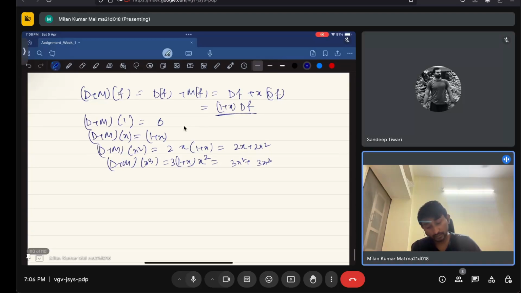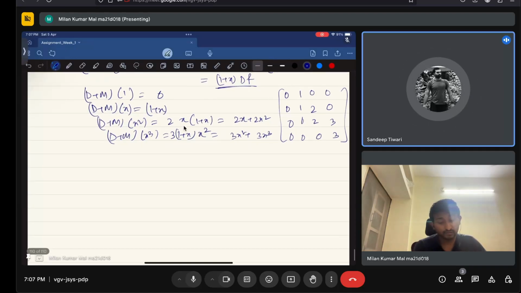So therefore the matrix representation will be 0 0 0 0, 1 1 0 0, 0 2 2 0, and 0 0 3 3. This is the matrix representation.